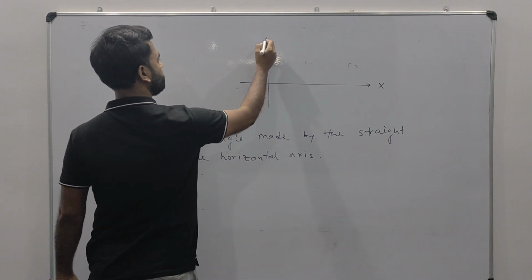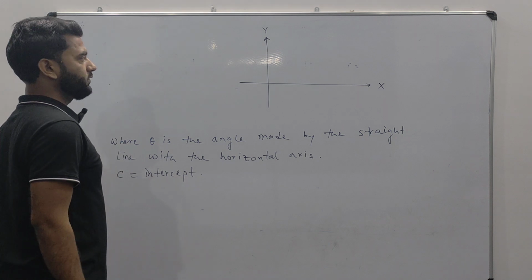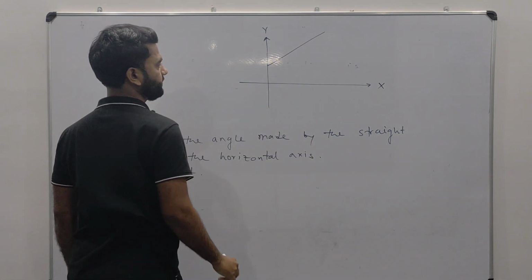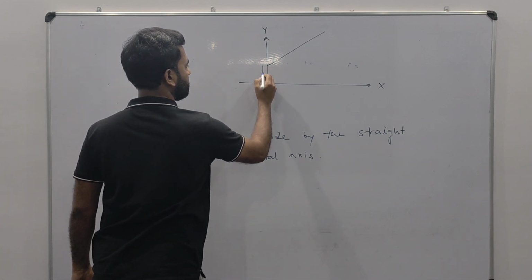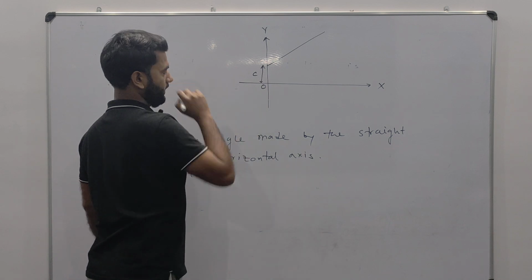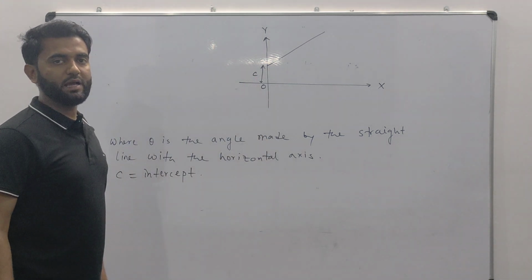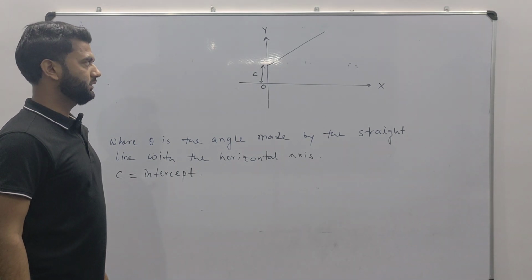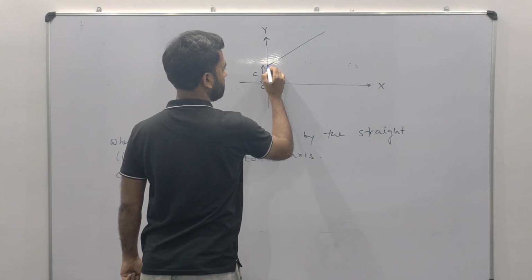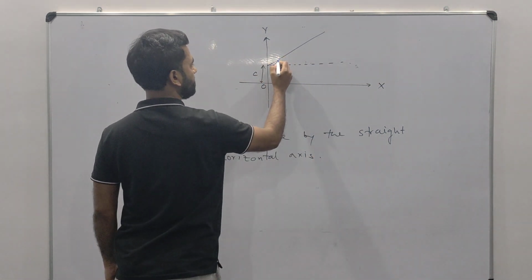The horizontal axis is x and the vertical axis is y. As the equation is y equal to mx plus c, it will look like this. This portion is the intercept c, this is the origin, and theta is the angle made by the horizontal axis and the straight line. The horizontal axis can be shifted parallelly like this, and this is the straight line, so it will be theta.